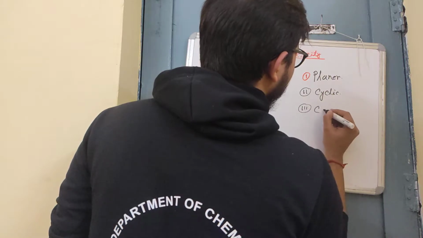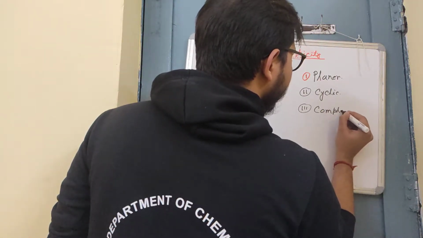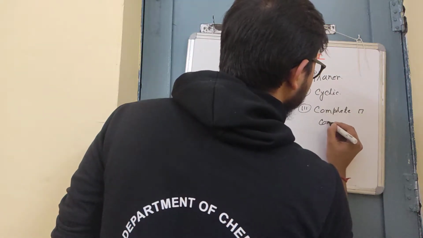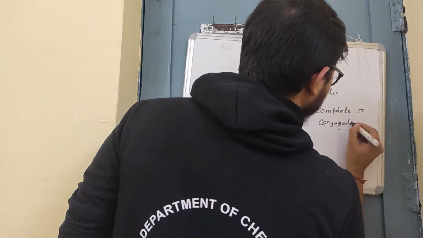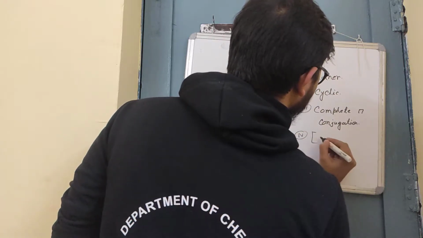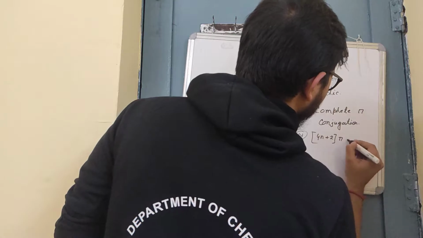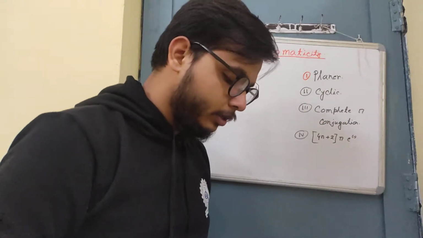Thirdly, it should have complete pi conjugation. And fourthly, it should maintain 4n plus 2 pi electrons. This is Huckel's rule. Okay.